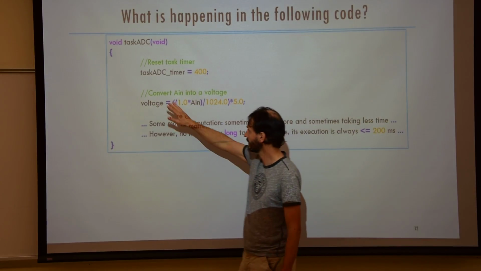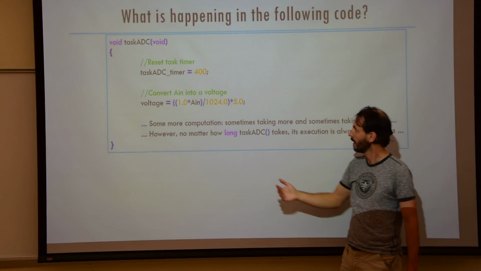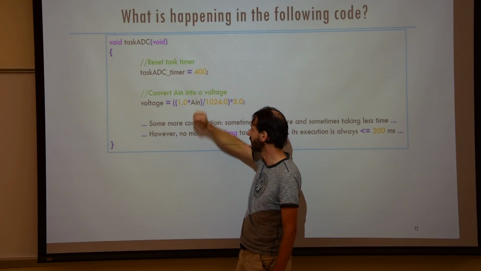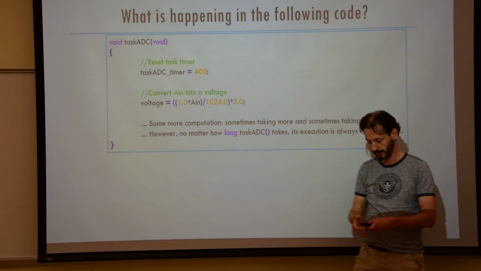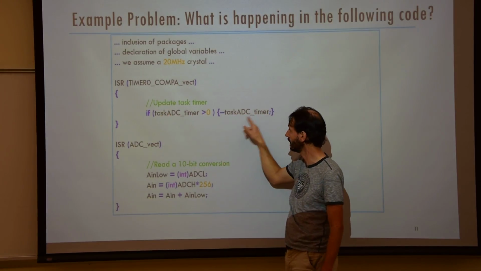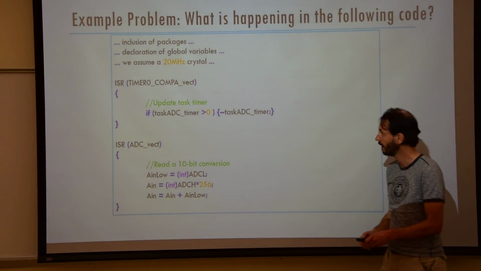Now suppose this task is executed, and it's made up, of course. We reset the task timer back to 400, say, and the timer over here will start decrementing whenever you call this ISR, say every millisecond.